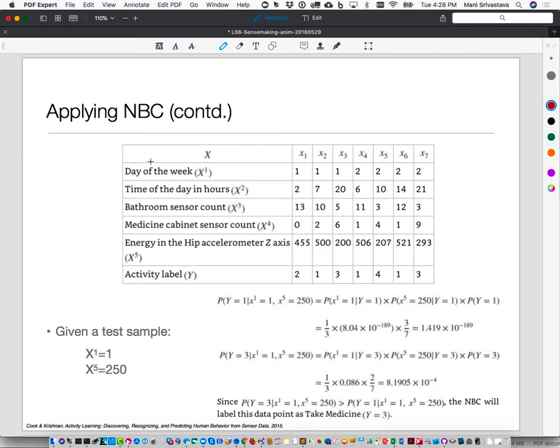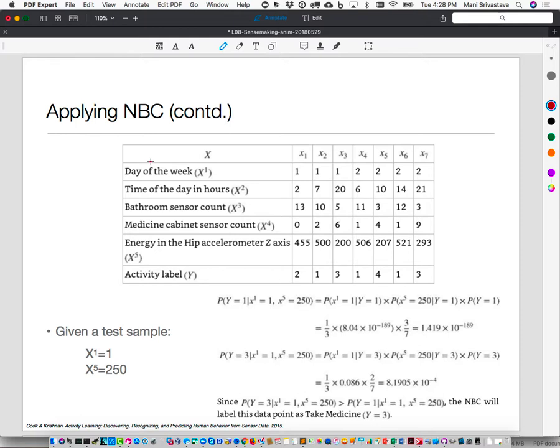So now I can calculate the probability of y equal to 1 given those observations, and likewise the probability of y equal to 3 given those observations. So probability of y equal to 1 given x1 equal to 1 and x5 equal to 250 is, because of our assumption, probability of x1 equal to 1 given y equal to 1, multiplied by probability of x5 equal to 250 given y equal to 1, multiplied by probability of y equal to 1.